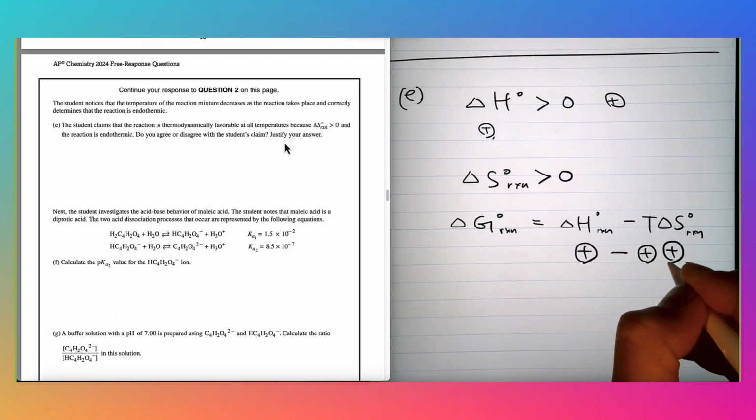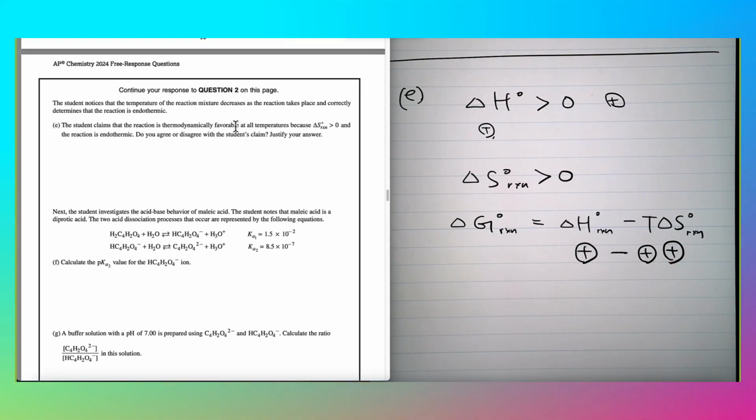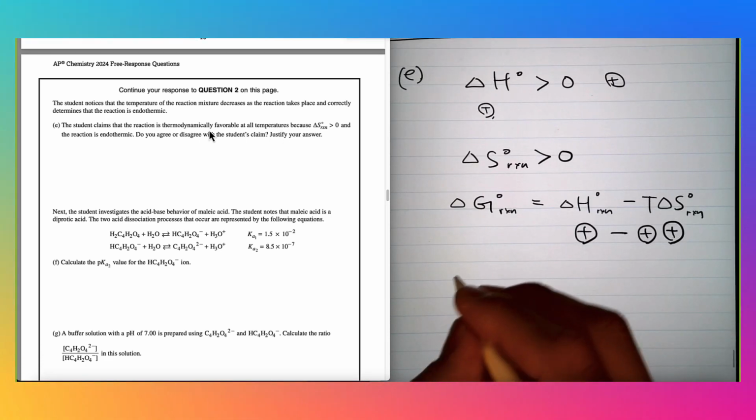Now the thing is, I have to disagree with the student, because the student said under all temperatures it will be thermodynamically favorable. You need to describe that it depends.